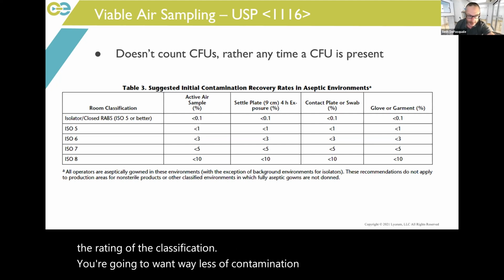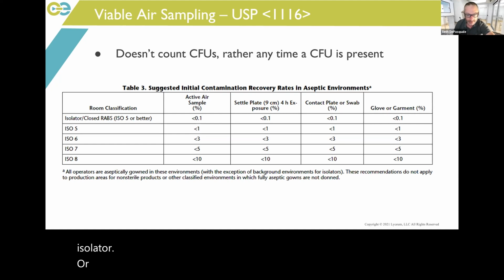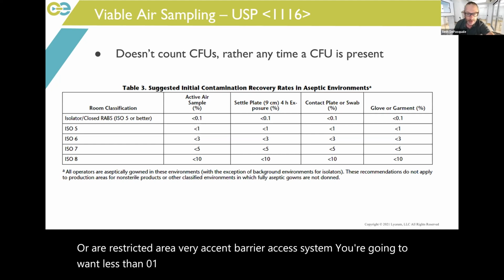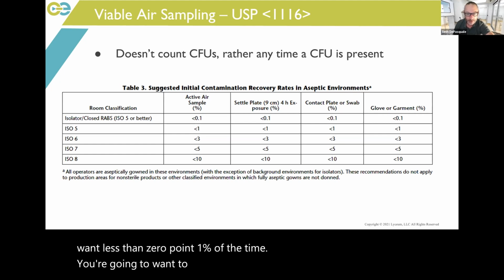In an isolator or a restricted access barrier system, you're going to want less than 0.1%, any recovery of any growth whatsoever.